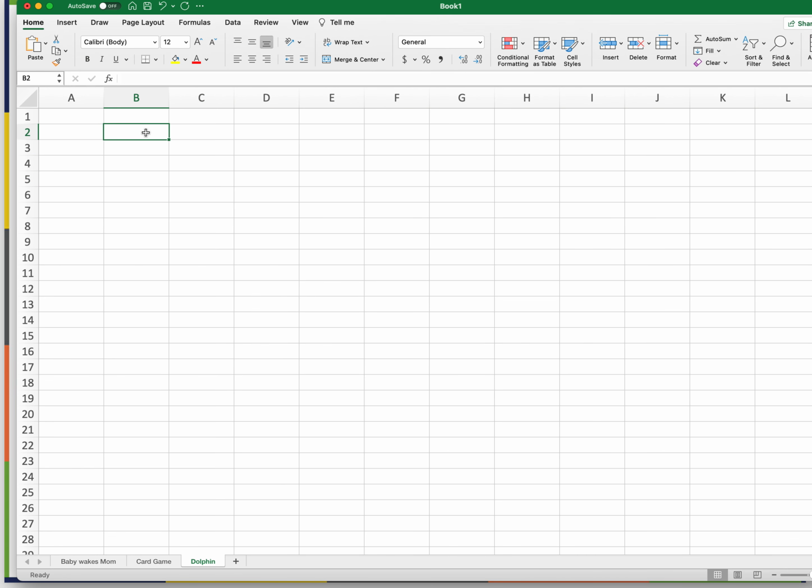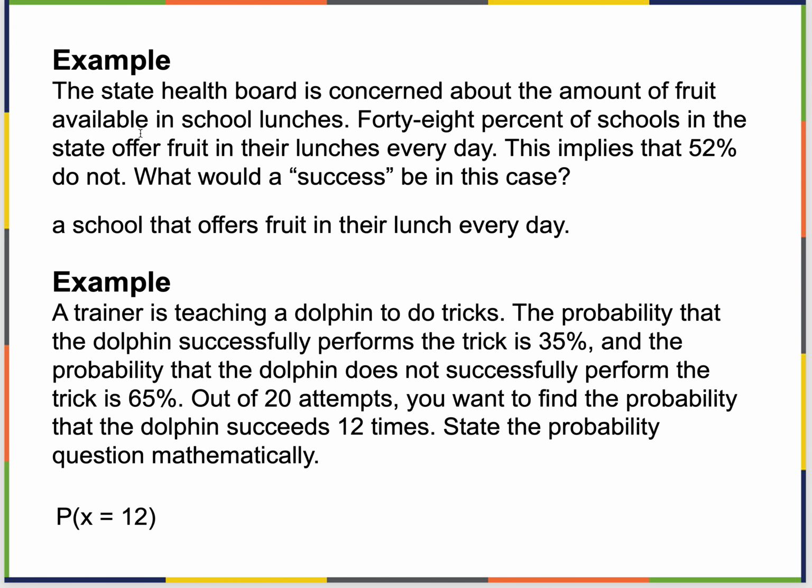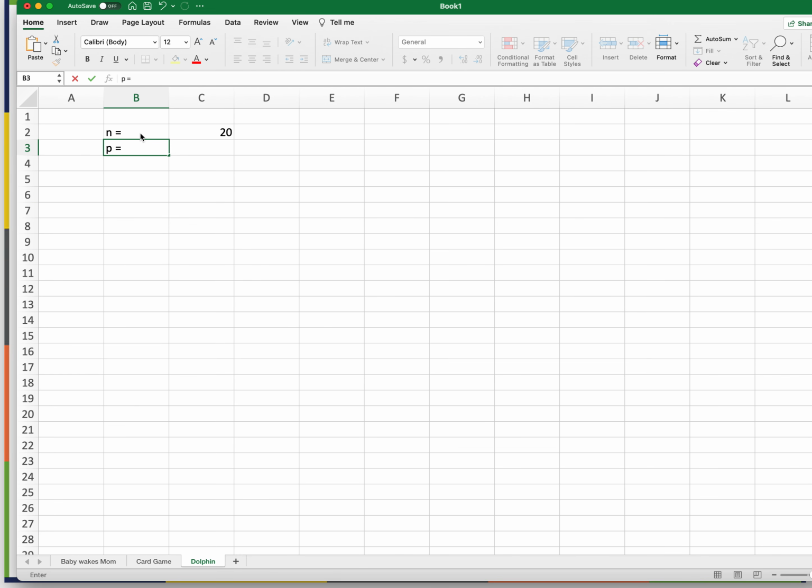I'm going to have n, and I have 20 trials, do I not? And my probability of success is what? For the dolphin problem, it says 35%. So I'm going to make it 0.35.